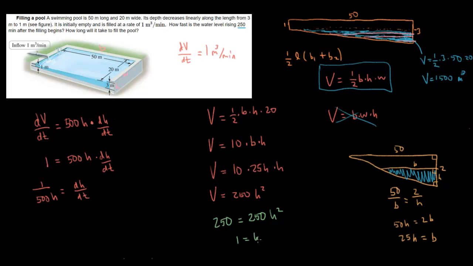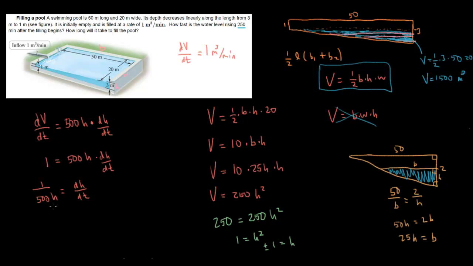So 1 equals h squared. If we solve that, h equals plus or minus 1. And obviously the height's not -1, so we toss that solution out.